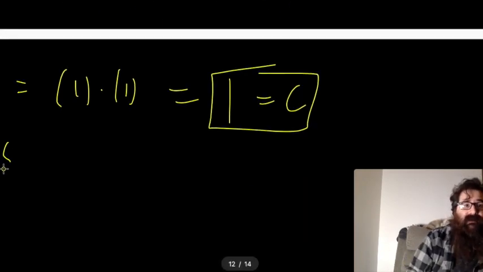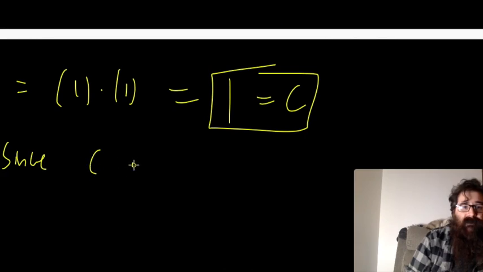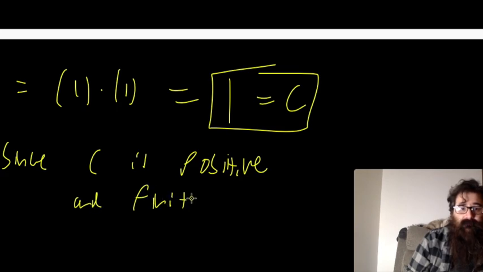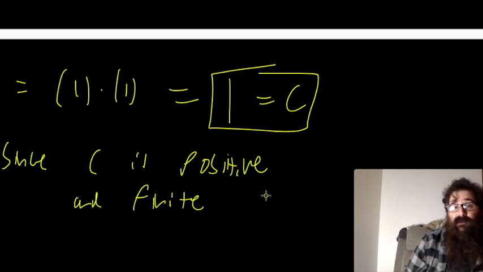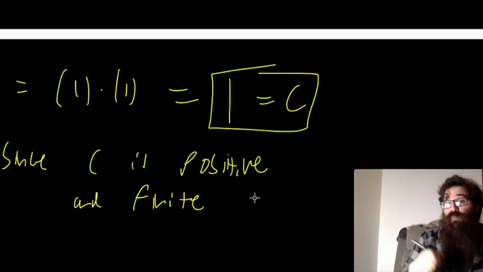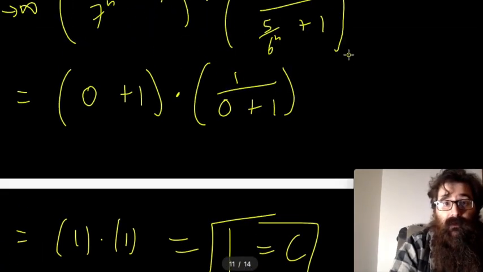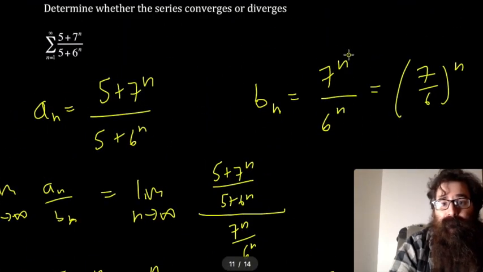And we can say since c is positive and finite, either both series are going to converge or both are going to diverge. Let's figure out what's going to happen. Now, the one that we're starting with, I don't know. If I knew what was going on with it, I would have said it already.